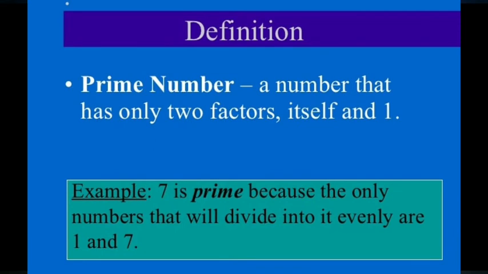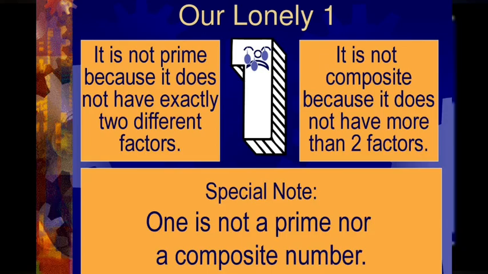Next is prime number. A number that has only 2 factors, itself and 1, is called a prime number. Example, 7 is a prime because the only numbers that will divide into it evenly are 1 and 7. Next is our lonely 1. 1 is not a prime because it does not have exactly 2 different factors, and 1 is also not composite because it does not have more than 2 factors.